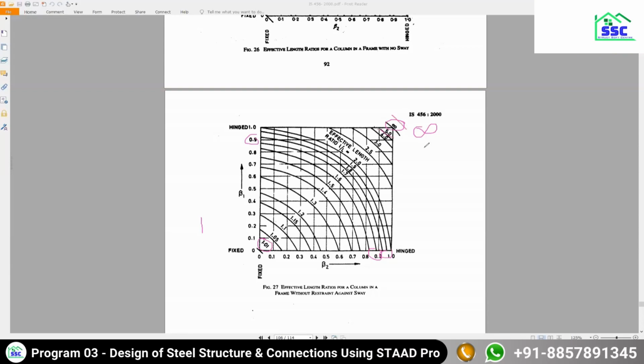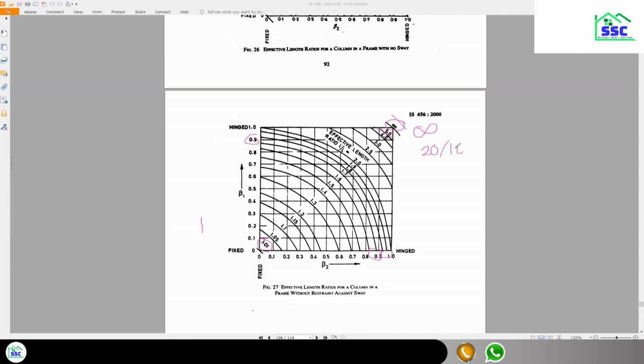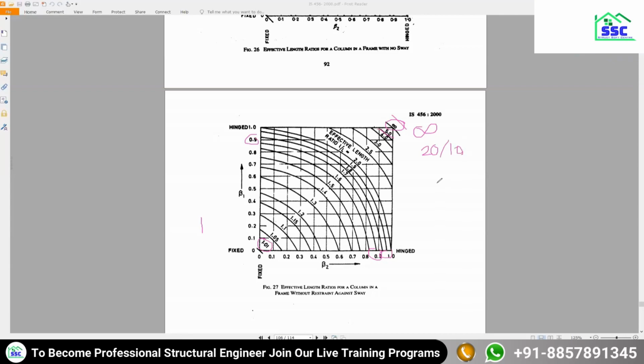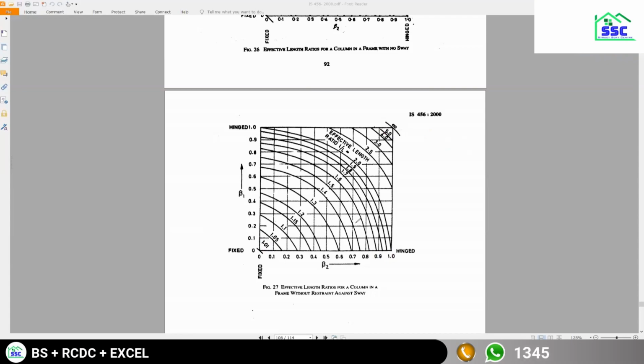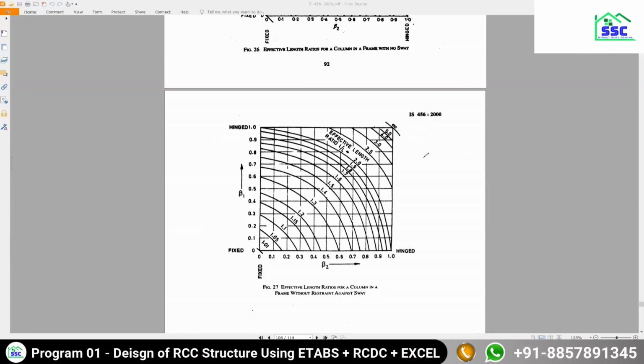I have seen people using models where the effective length factor is 20 or 10, but you have to use that factor only after understanding the proper concept. So the thing to note here is that in a sway frame, your effective length factor will be greater than 1, and it can go up to infinity.